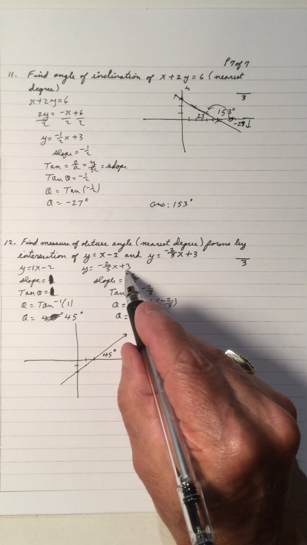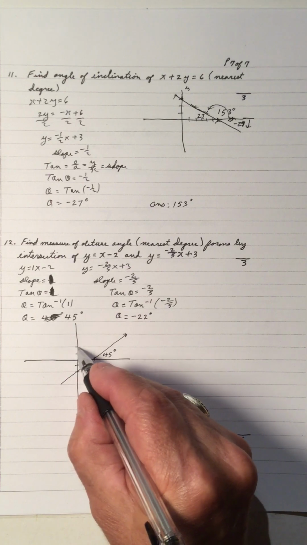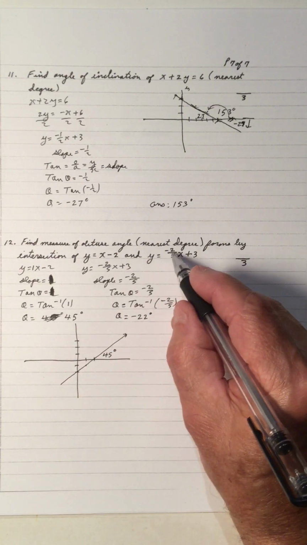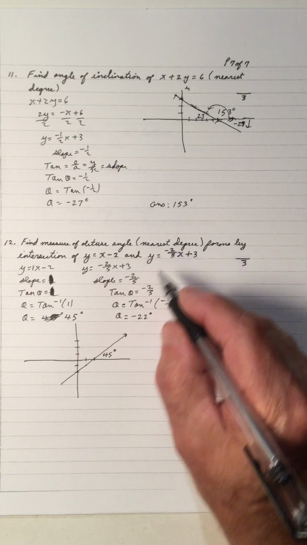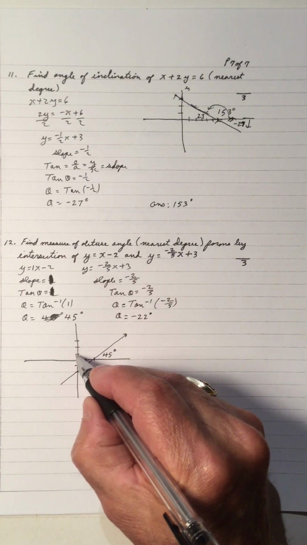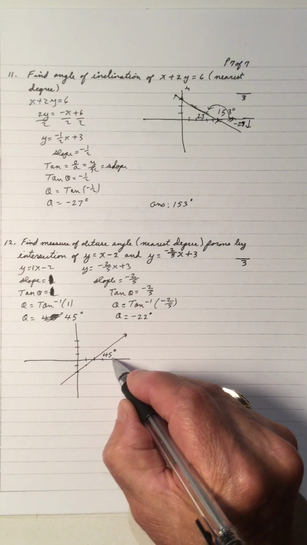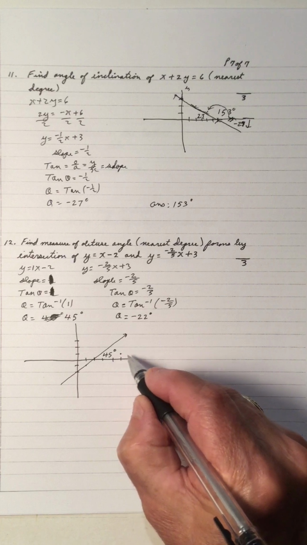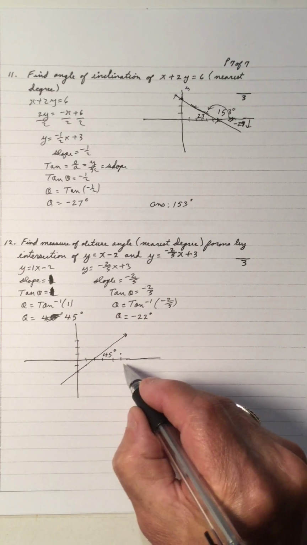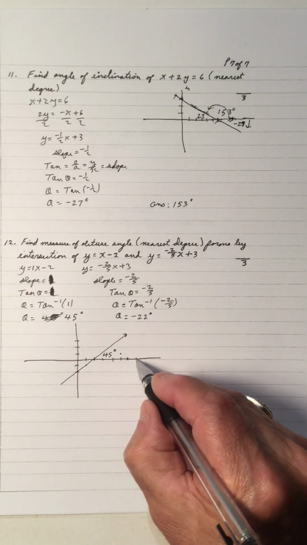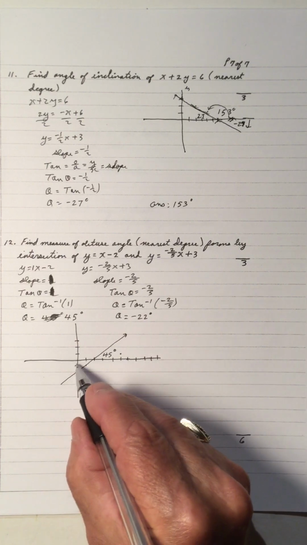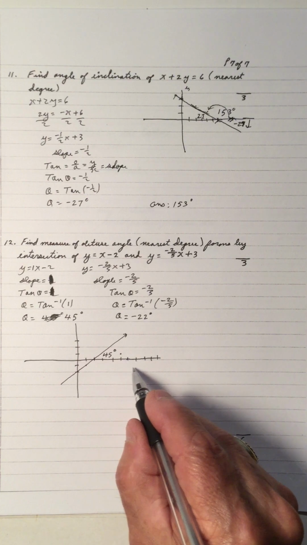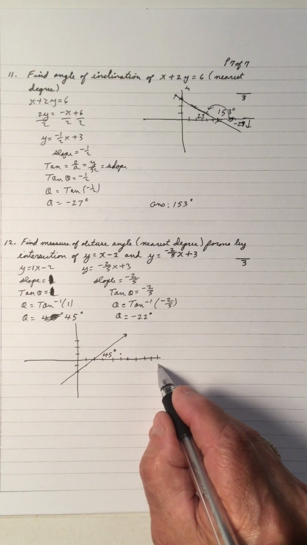Now let's graph this one. This is a 3. The slope is down 2, right 5. Down 2, right 5, down 2, right 5, and the line goes right here.